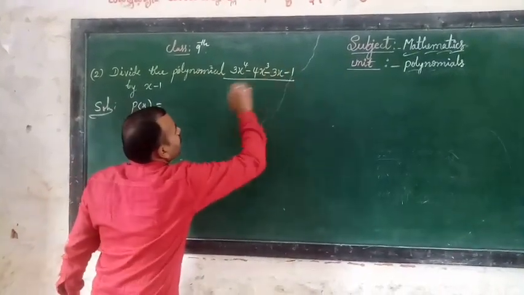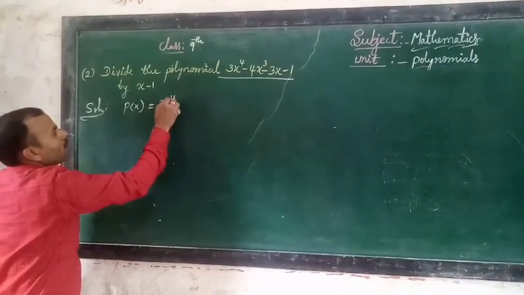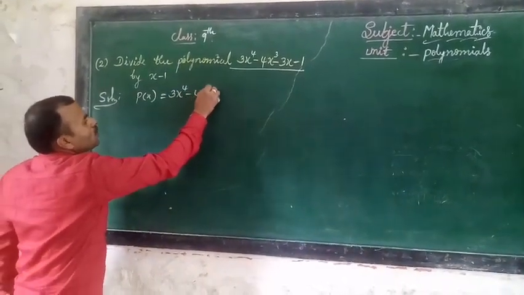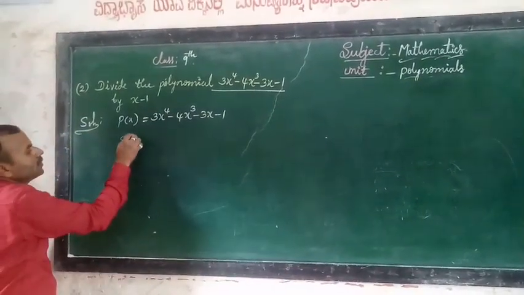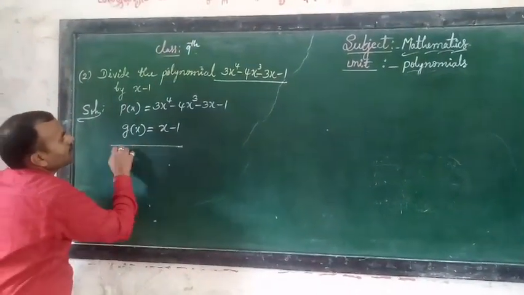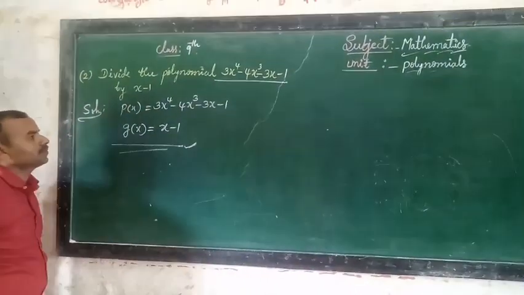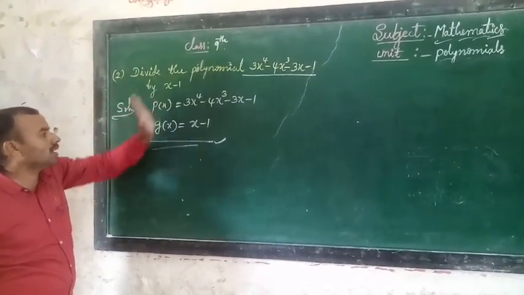The powers of the variable are in descending order, so write as it is: 3x to the power of 4 minus 4x cube minus 3x minus 1, and g of x equals x minus 1. In the problem the order of the variables is correct.